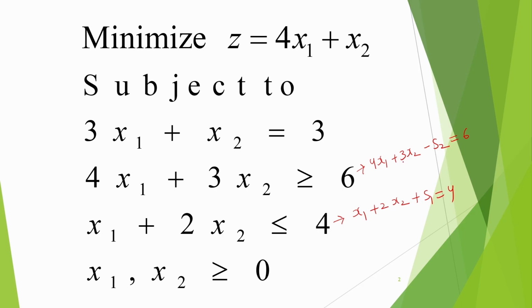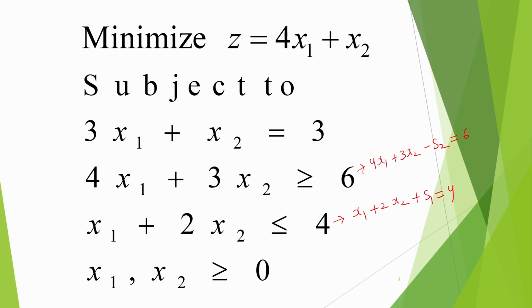If I put x1, x2 equal to 0, then my s2 will become minus 6, which is infeasible. And similarly, if I put x1, x2 as 0 in the equality, 0 is equal to 3, this is also not satisfied. I do not know what to do about that equality constraint also.